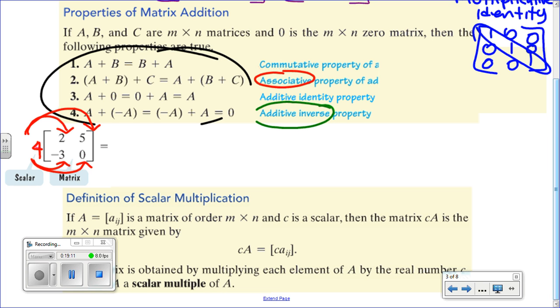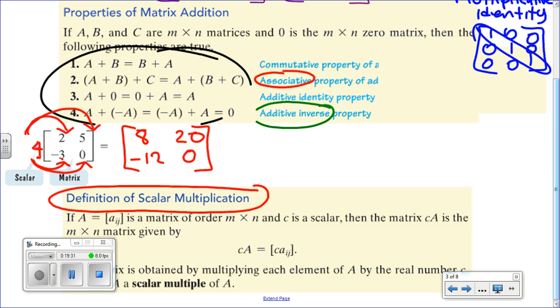So in this case, we will have 4 times 2 is 8, 4 times 5 is 20, 4 times negative 3 is negative 12, and 4 times 0 is 0. And that is what is here, scalar multiplication.